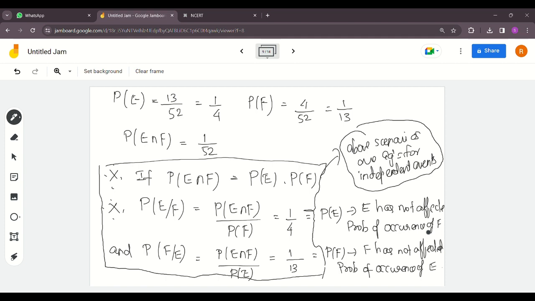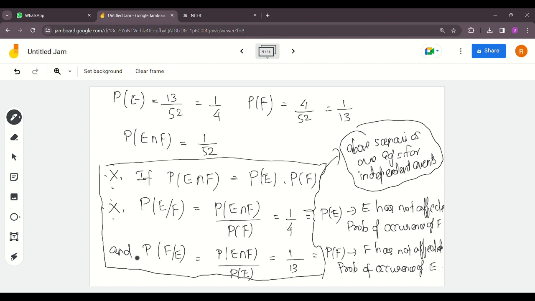Similarly, P of F given E is P of E intersection F by P of E, so 1 by 52 by 1 by 4, which is 1 by 13, equal to P of F. So the event E has not affected the probability of occurrence of F. Both have happened without any connection to each other, independently. That is called independent events.